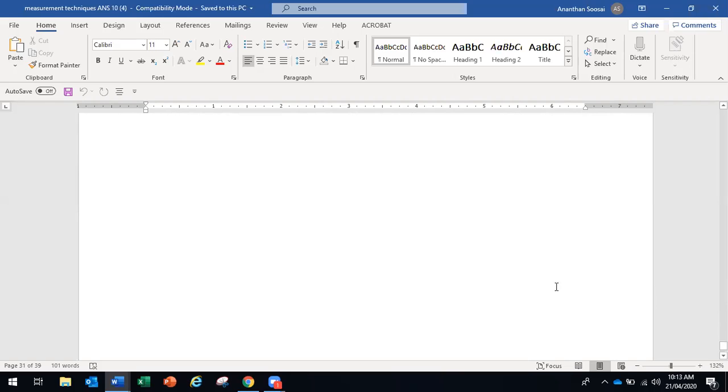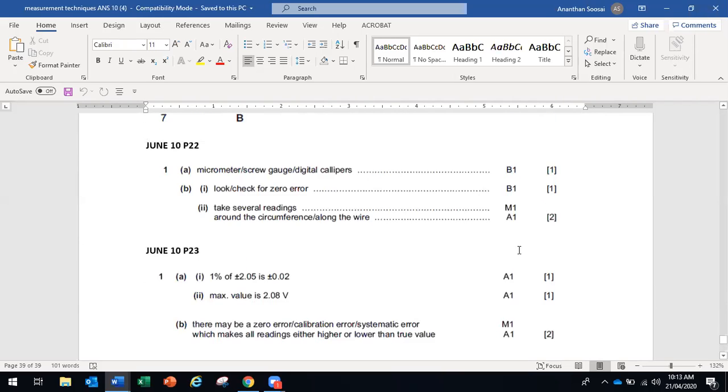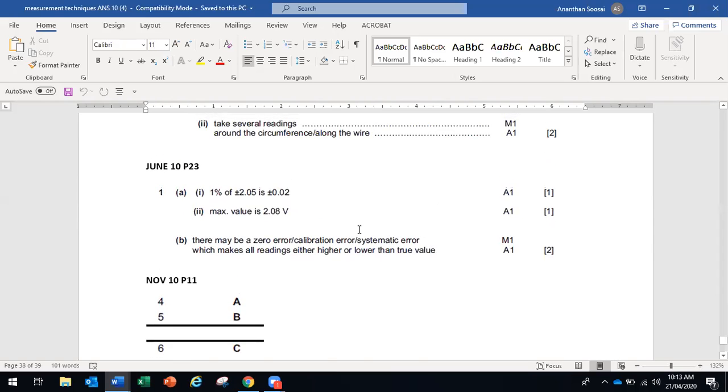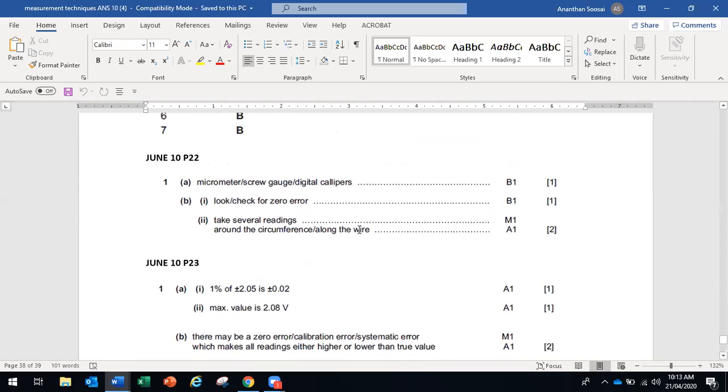It might have a systematic error, so it should have a zero error. Systematic error makes all the readings one-sided, shifted, in a fixed pattern. So you have to blame systematic error, not random error. Okay.